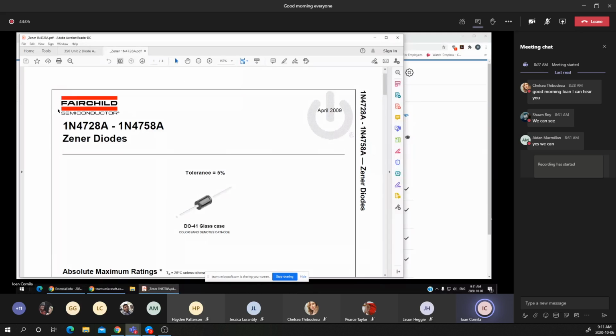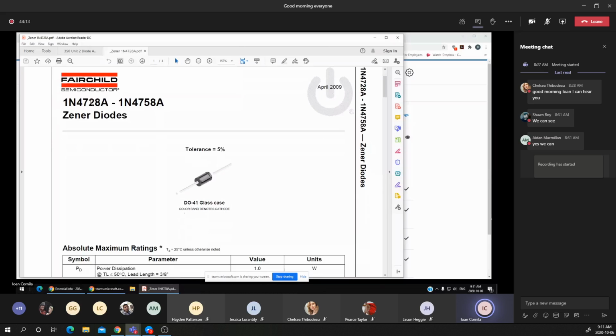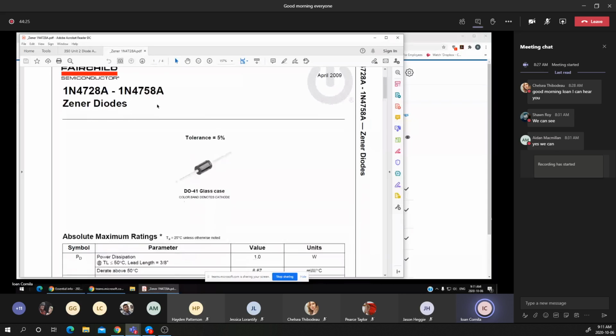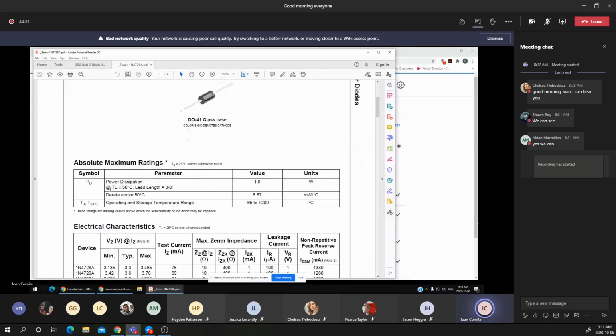They give the specs for a range of diodes, the 1N47xx series, and the difference between them is the voltage across the diode. You notice that it gives you the size of the diode.